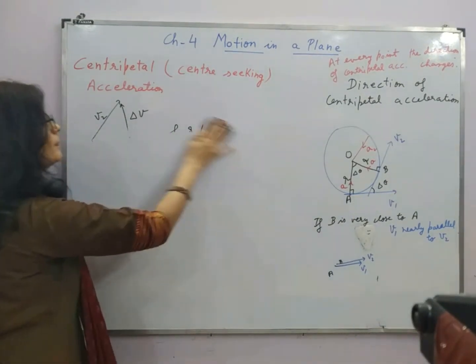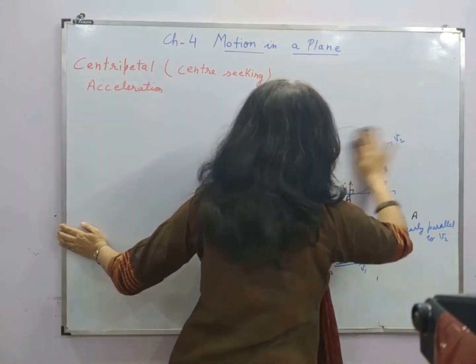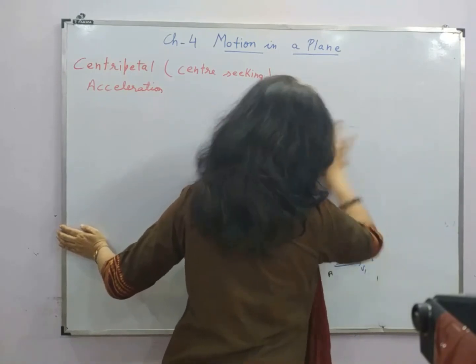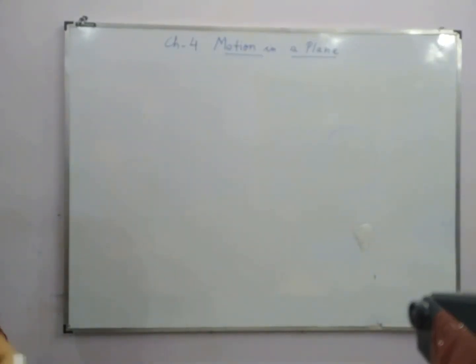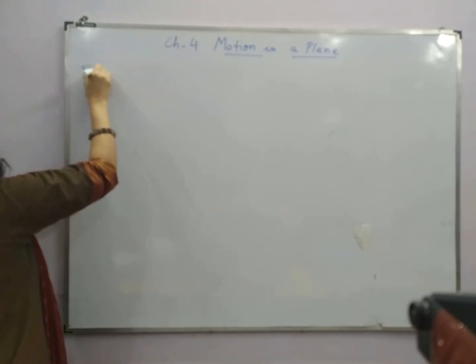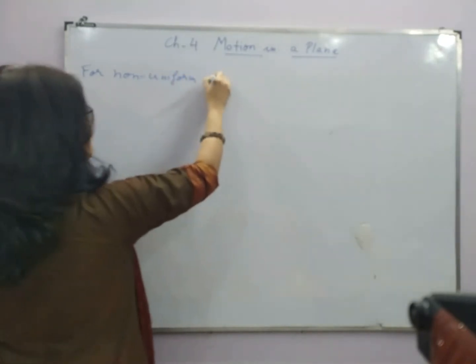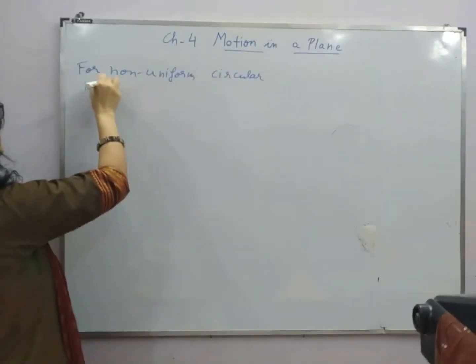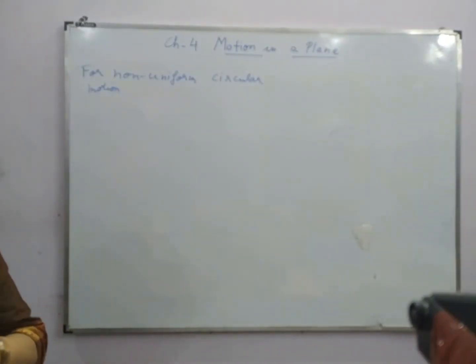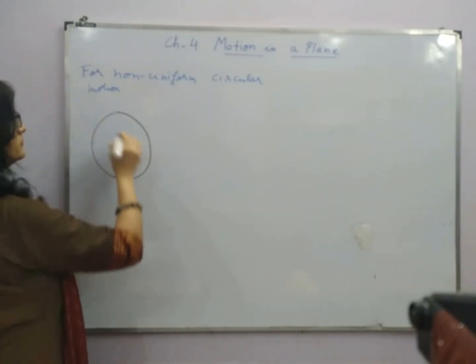Right? But what if the motion is non-uniform circular motion? I'll discuss that also. So this was your centripetal acceleration. So for non-uniform circular motion, we know that the speed also changes at every point, right?